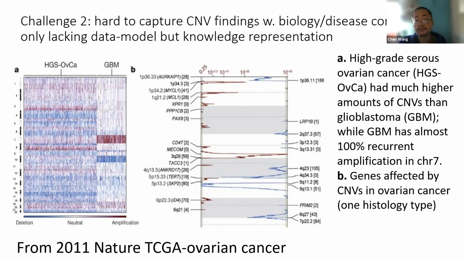But if we don't have a good data representation model, it's very hard to capture such knowledge and incorporate it into future clinical, research, or practice use. That's one of the motivations for us to discuss with several research groups, including VICC here.